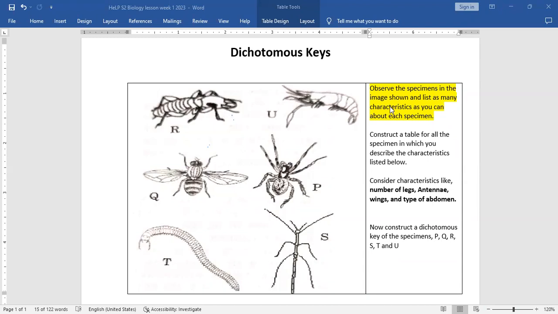On the characteristics of specimen U, it has a segment. It has a joint head and thorax. The head has a sharp snout. Can you see it here? Which one is the sharp snout? The two main body parts we said, this one where my cursor is the cephalothorax, which means the head is joined with the thorax, and then it has an abdomen.